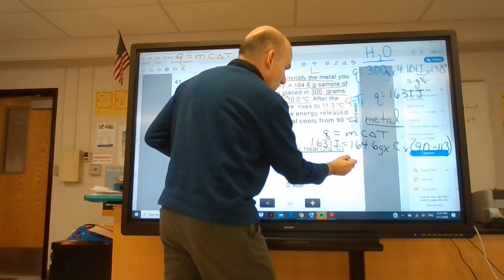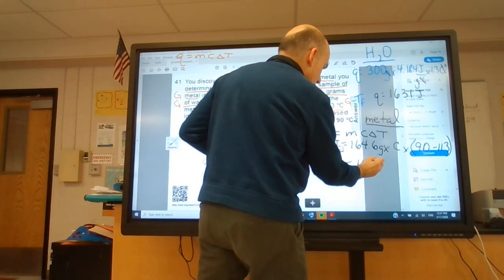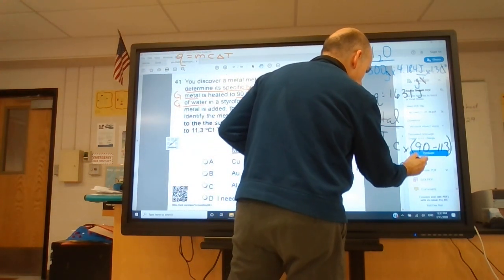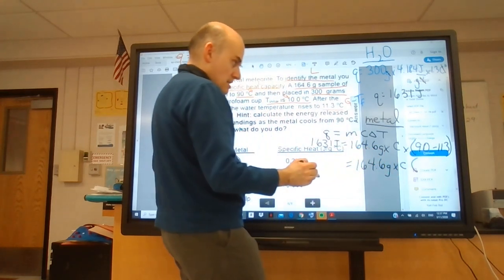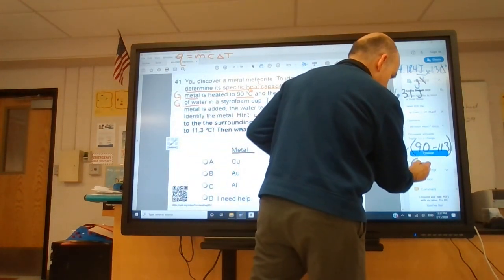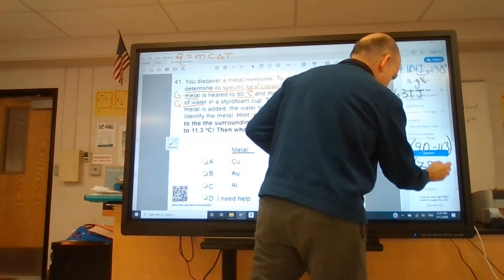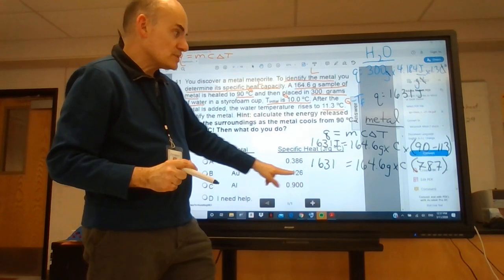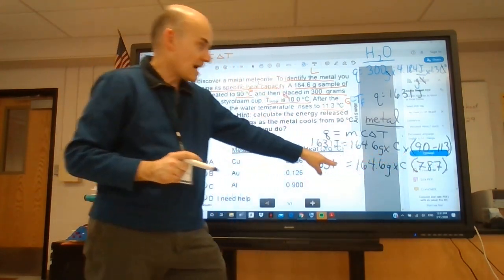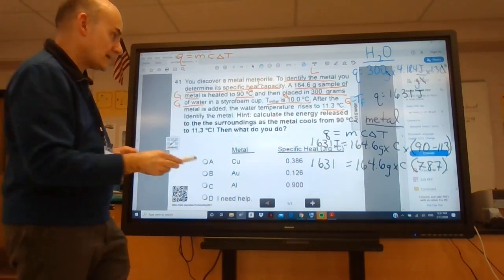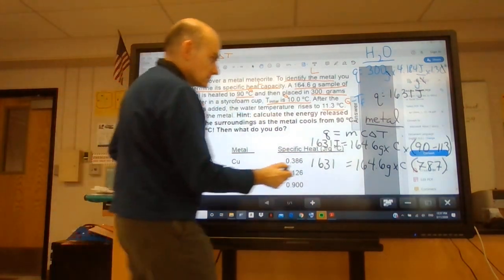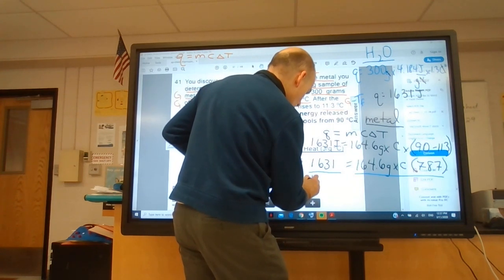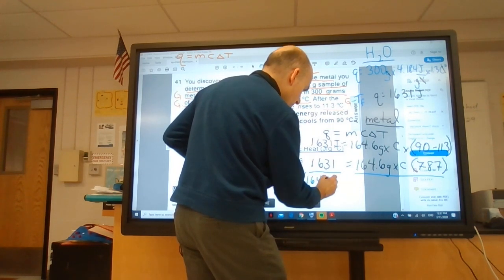We are going to get 164.6 grams times C times 78.7. Then to get C by itself, we have to divide both sides by the numbers that are being multiplied by C, which you can put in your calculator.